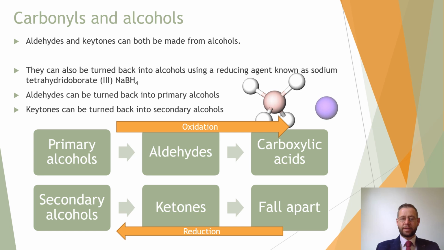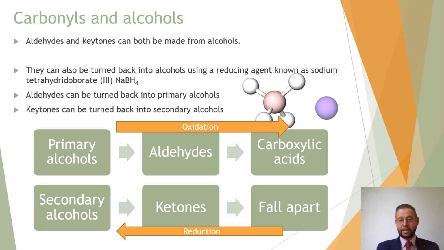Now, we can do things with our carbonyls, so both aldehydes and ketones, they're both made from alcohols. The aldehydes are made from the primary alcohols with the OH group on the end carbon, and the ketones are made from the secondary alcohols with the OH group attached to those carbons that are in the middle of the chain. We can synthesize them via oxidation from the alcohols.